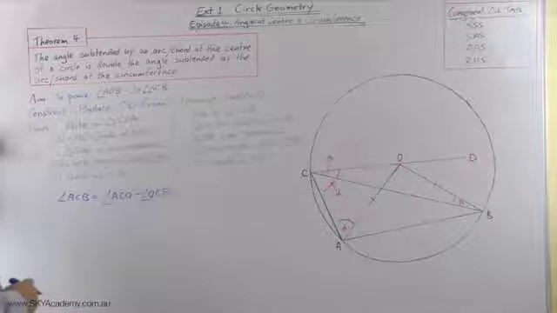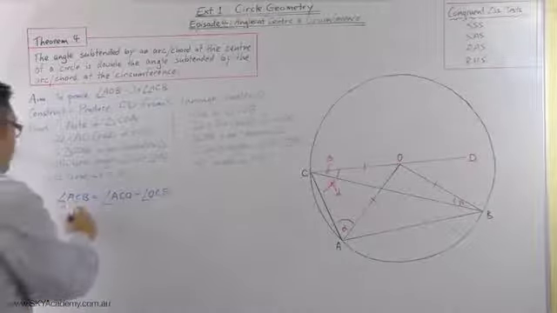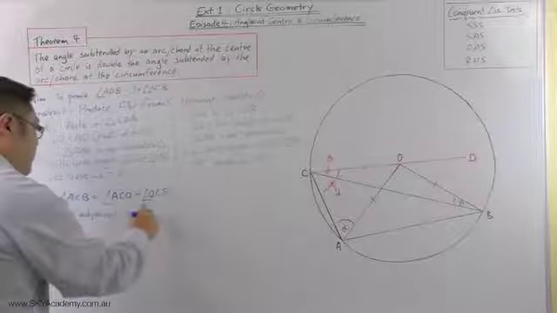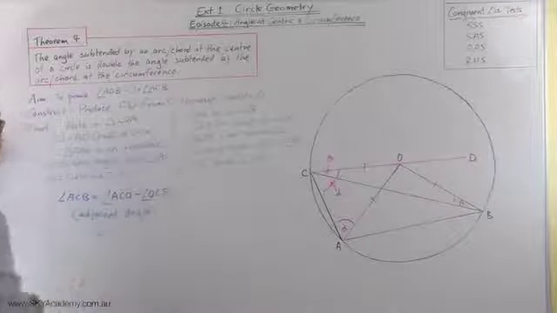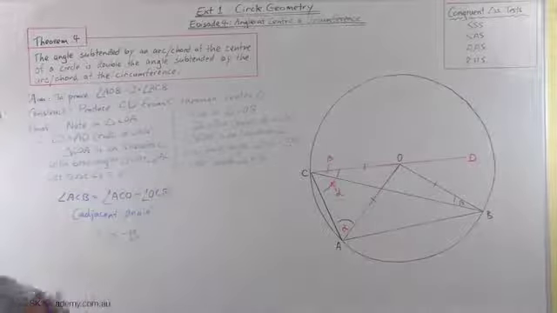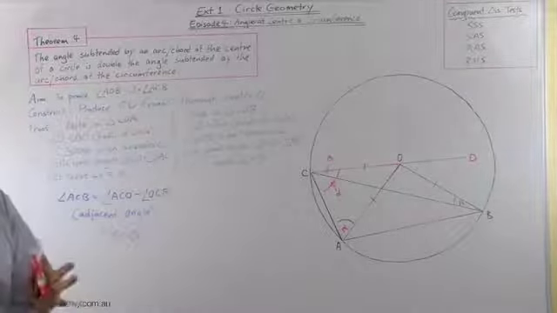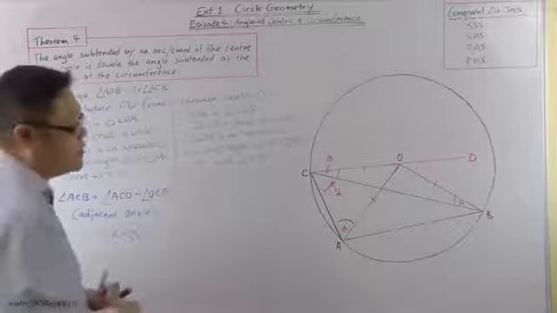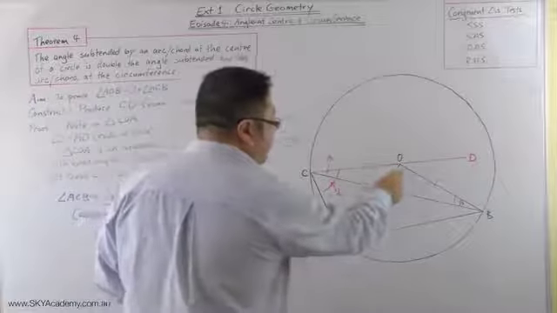Does that make sense? And the reason why is, of course, it's adjacent angles. So what that gives you is alpha minus beta. So angle ACB is going to be alpha minus beta. Got that?